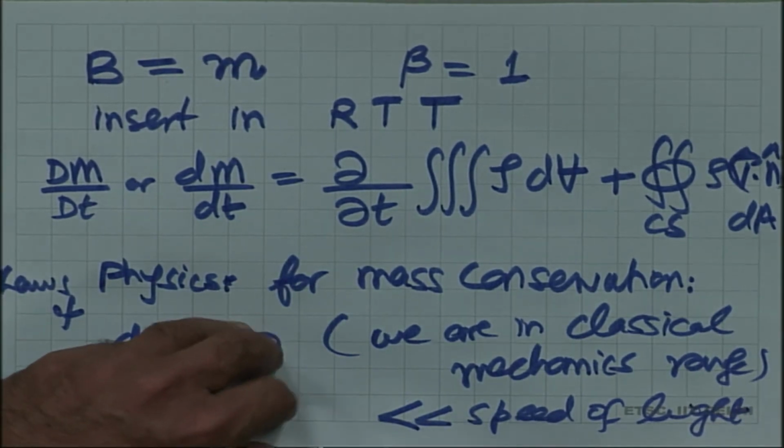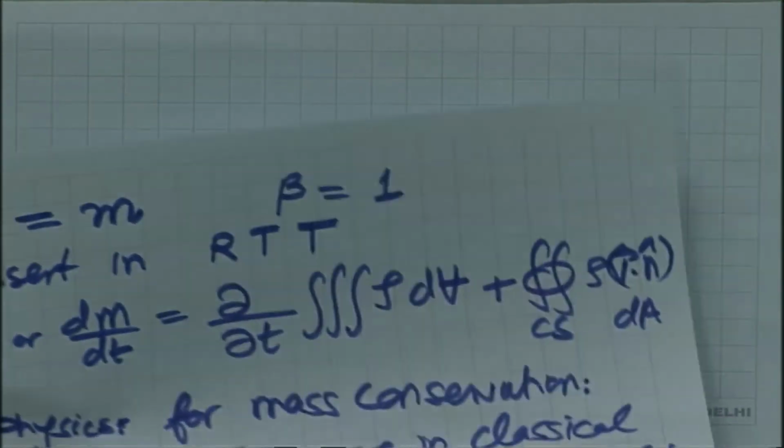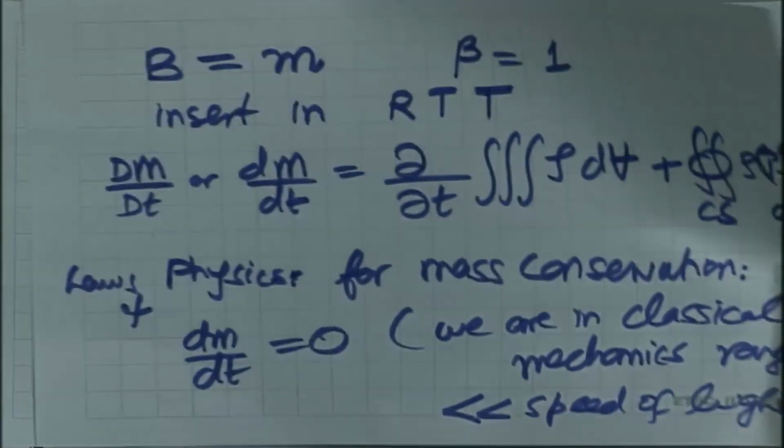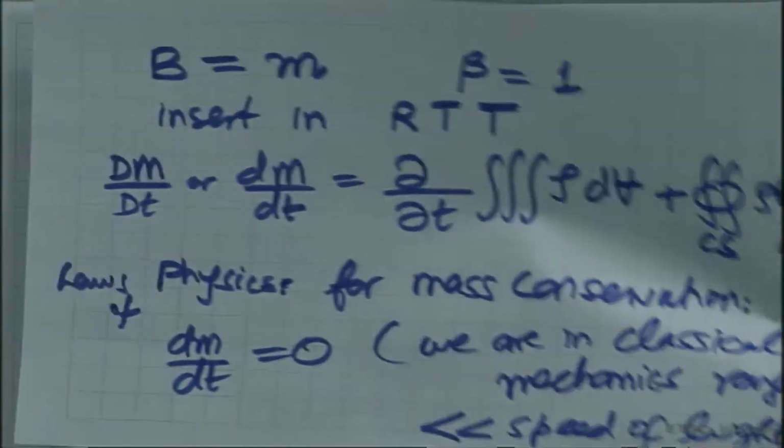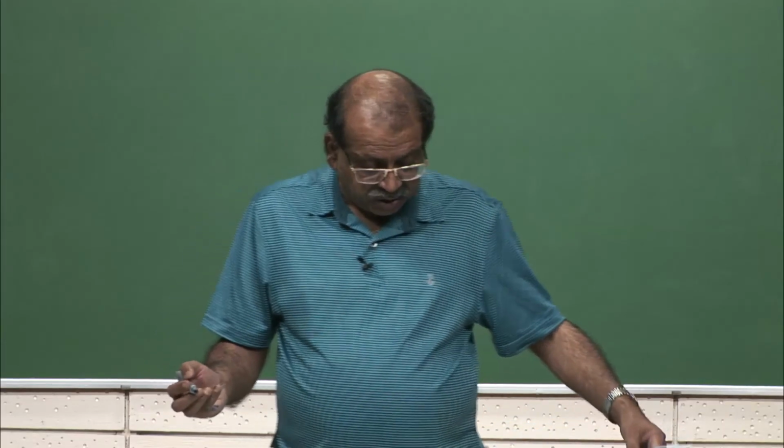And also there are no nuclear reactions, so mass is not being converted into energy. So, dm by dt is equal to 0.